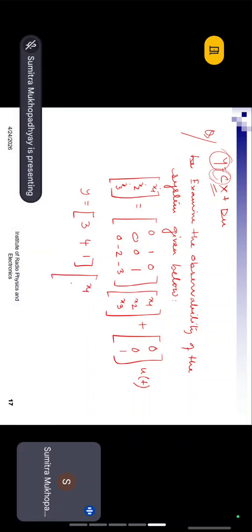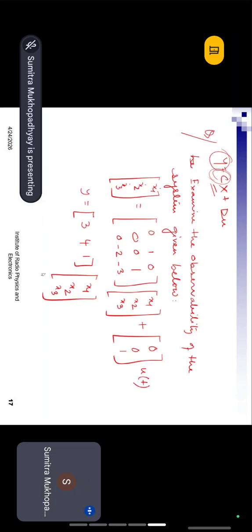so this is your system equation and output equation. We have to find out the observability of the system. One thing is that you can see this is not the representation in canonical variable form.